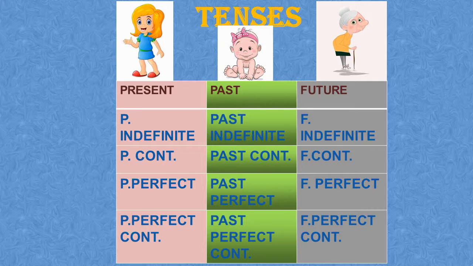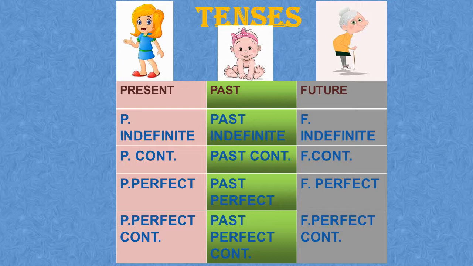Students, the three main tenses are further divided into four subcategories, which are as under. Present tense is divided into four categories: present indefinite, present continuous, present perfect, present perfect continuous.